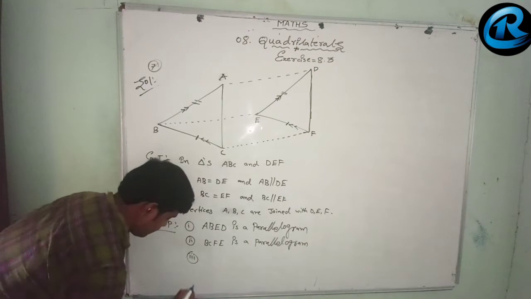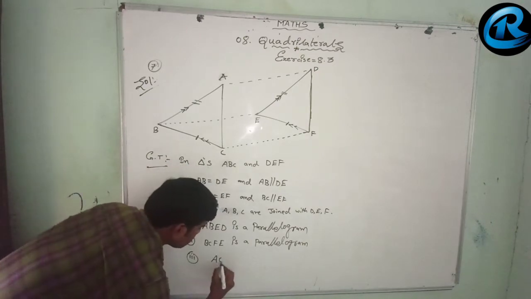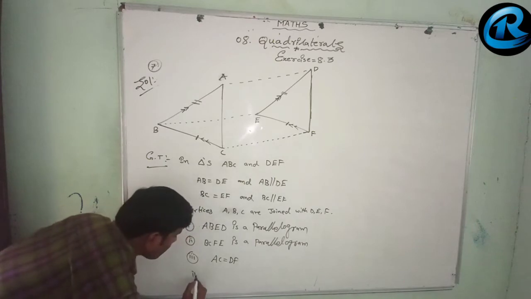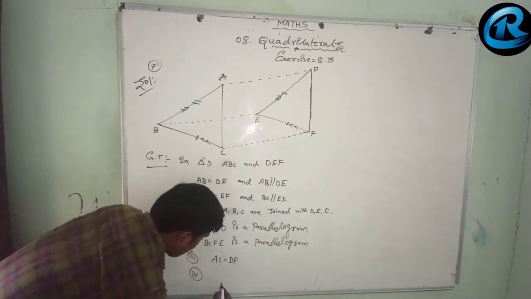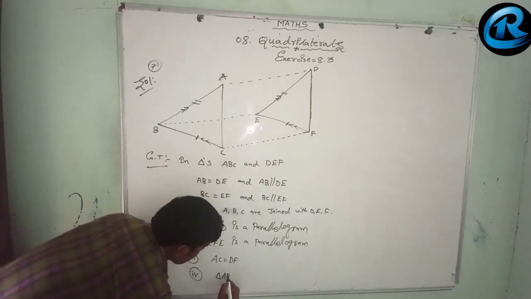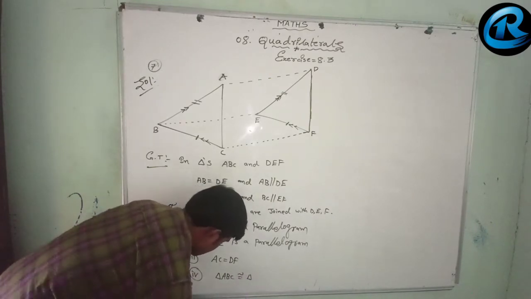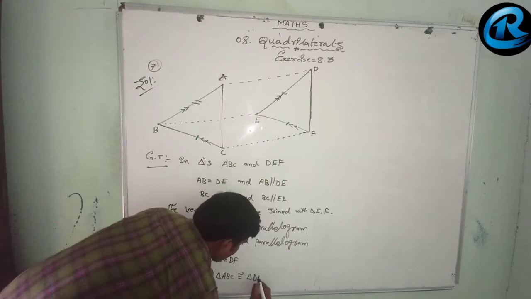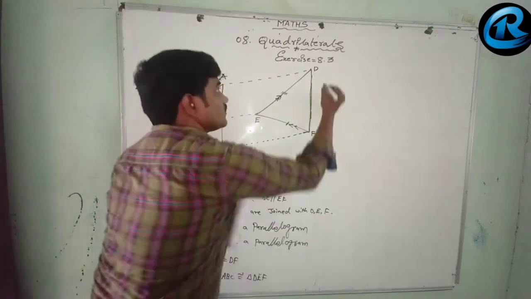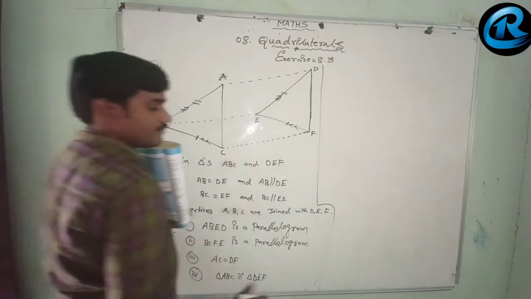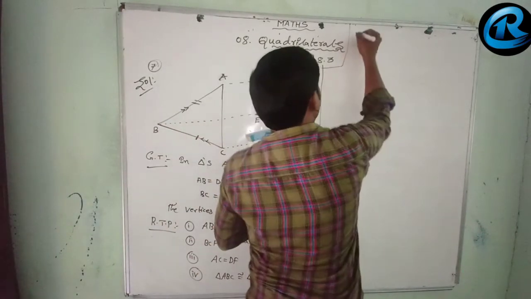The third one, AC equal to DF. And the fourth one, triangle ABC is congruent to triangle DEF. Okay, let us prove this. This is the only question given. Let us solve all the remaining.